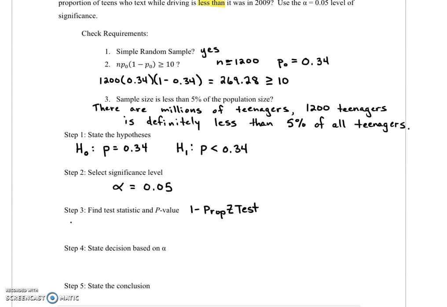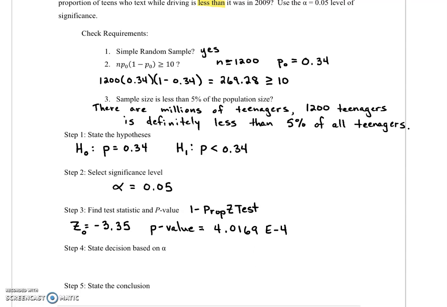Our test statistic z, which we write as z sub 0, is negative 3.35, and we can round that to 2 decimal places. The p-value we got, which the calculator just writes p, but we write p-value, was 4.0169 e to the minus 4.